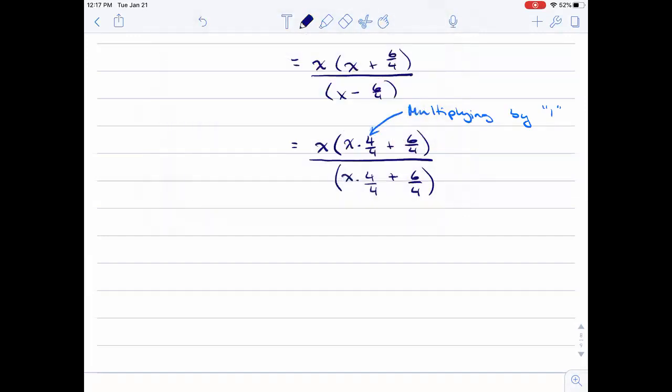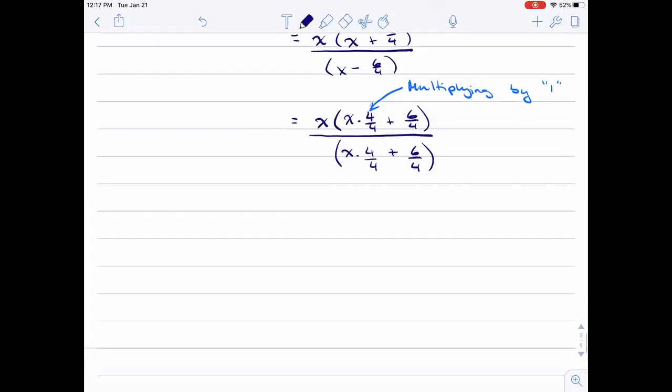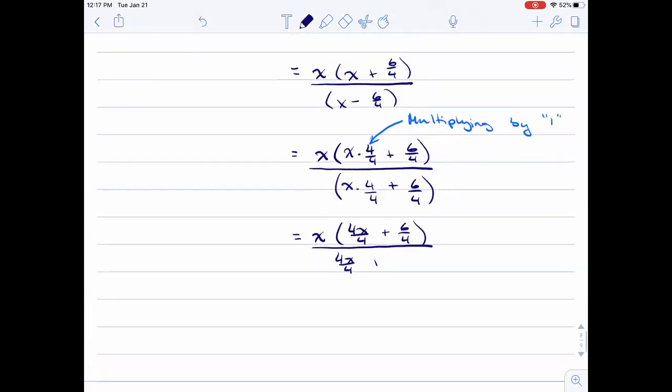Because multiplying fractions, we can just smush them together. It's when we're adding and subtracting that we're not allowed to just smush them together willy-nilly. So if we just keep the x on the outside, then we have 4x over 4 plus 6 over 4, all over 4x over 4. Hey, one of these is minus. That's important. Minus 6 over 4.